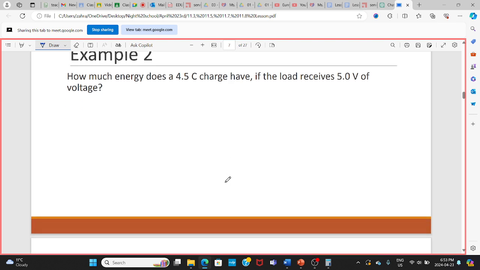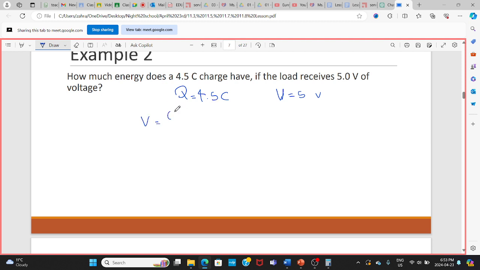Example 2: how much energy does this 4.5 coulomb charge have? So this is Q, it's 4.5 coulomb, if the load receives 5 volts. So voltage is 5 volt.